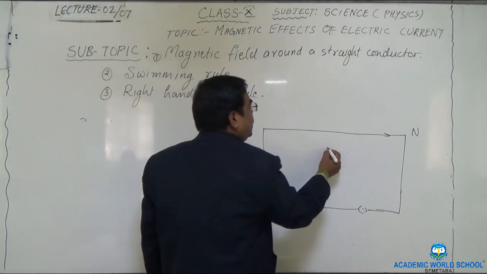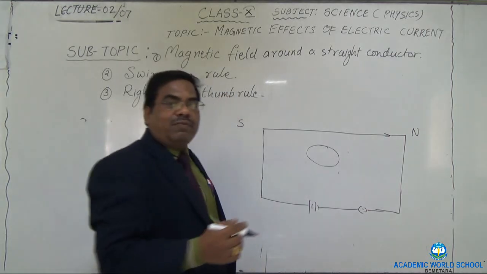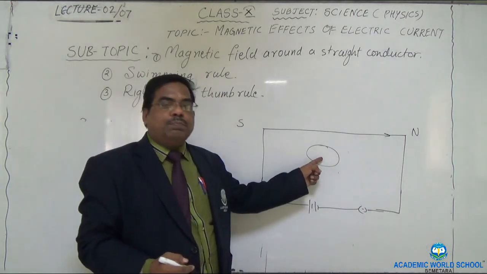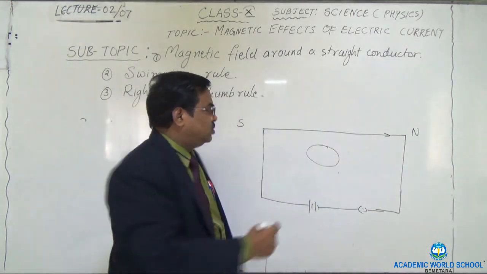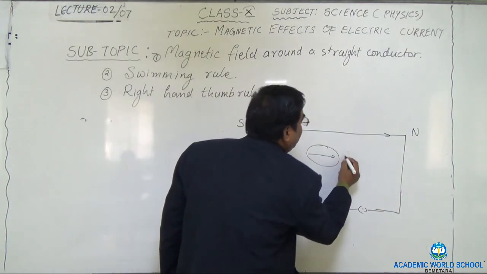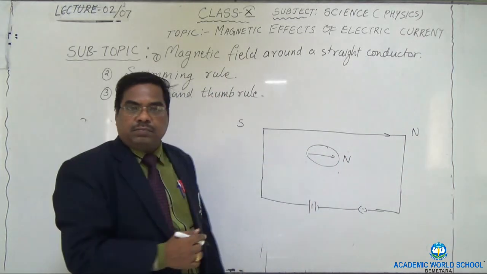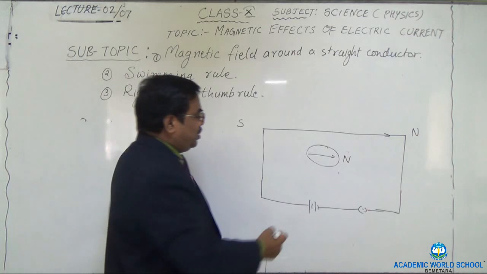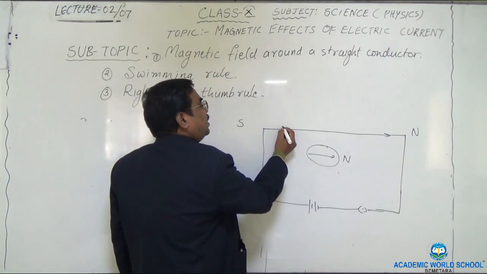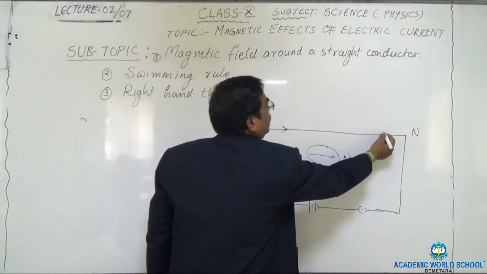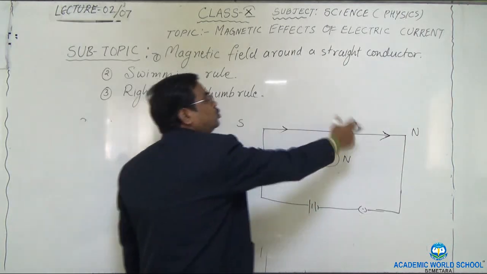Below that I am keeping a compass. Where will be the needle of the compass showing? Towards north. So it will be in this direction. Now when you plug in the key, the current will start to flow in this direction, south to north.